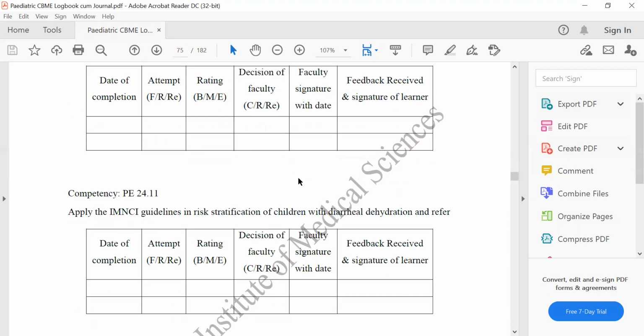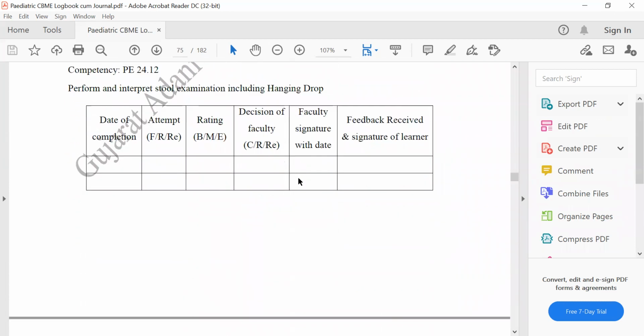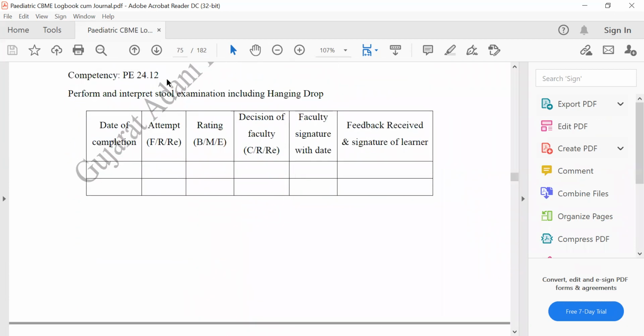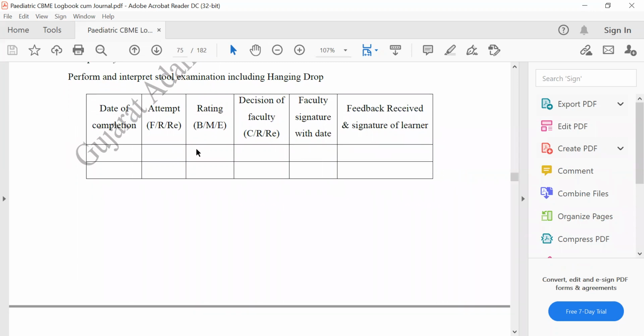Similarly for those which are not certifiable, I have just mentioned the name of the competency and then this table. This table is basically given in the logbook module, which is released by the NMC.